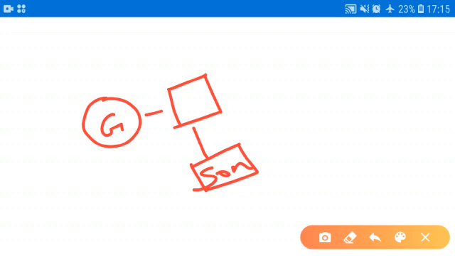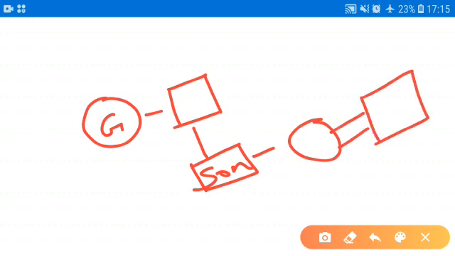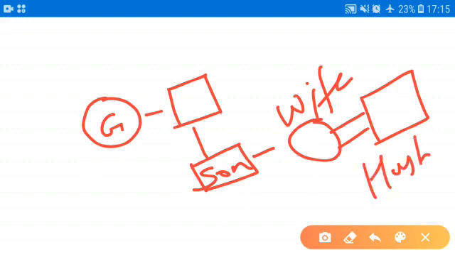That person is saying, so the wife's brother will be like this, and that person is like this. This will be the wife, and this will be the husband.